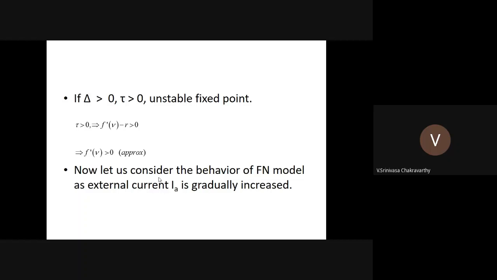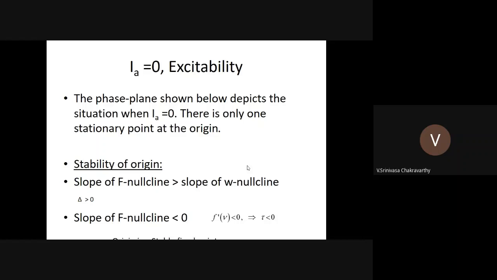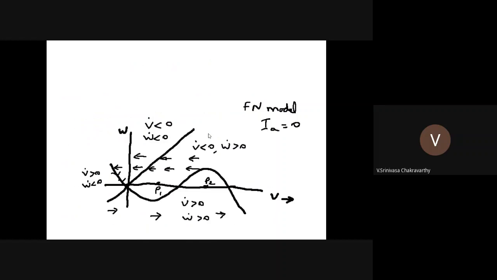So based on that, let us see what happens as the external current IA is gradually increased. First, let us see what happens when IA is 0. The phase plane below shows how the phase plot looks when IA is 0.